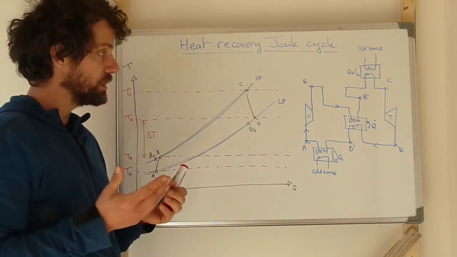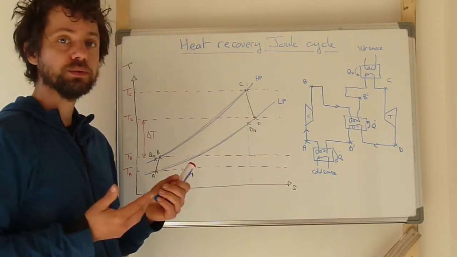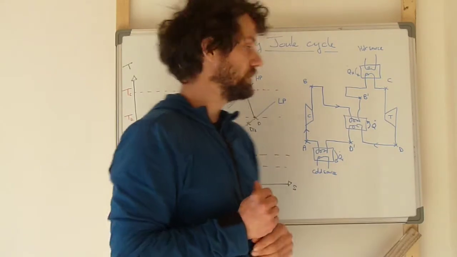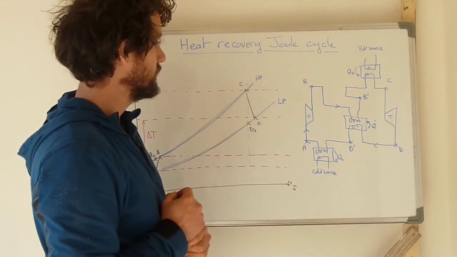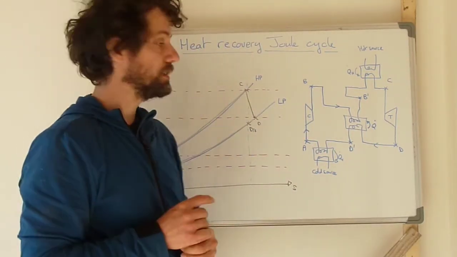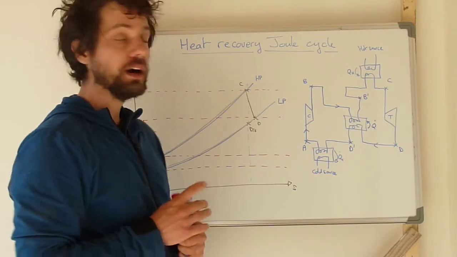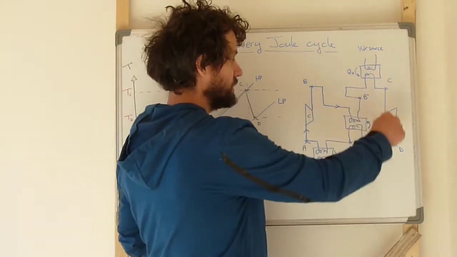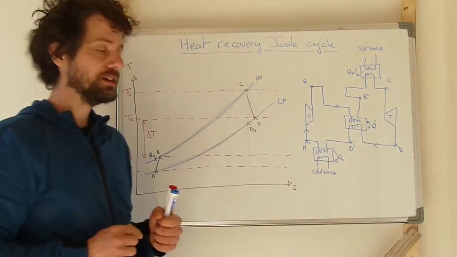So one thing we can note now is that we can consider that we have equivalent heat capacity rates for both fluids. We have the same mass flow rate for both fluids because it's the same loop of fluids.